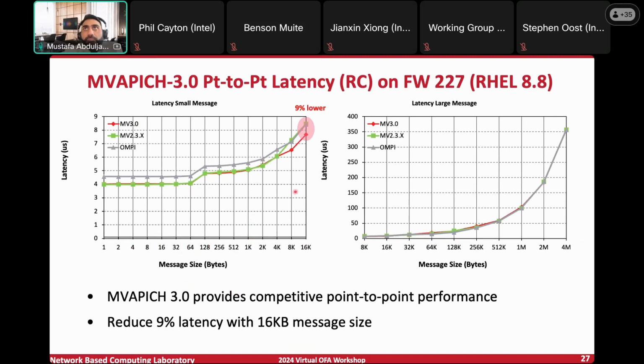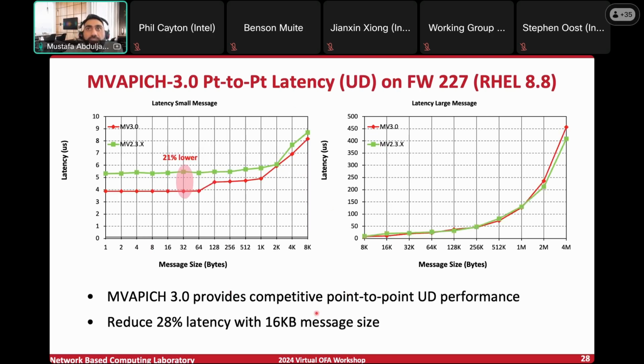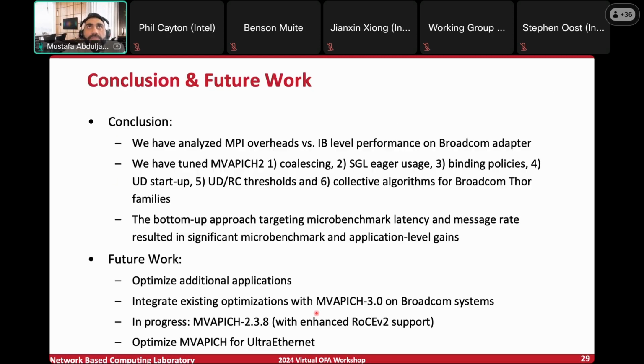With 3.0, we get lower latency with 16K at larger message sizes. And the issue with the UD has been resolved in 3.0, but we're not presenting elaborate application results or higher scale benchmarking; these are just preliminary data for the point-to-point numbers.